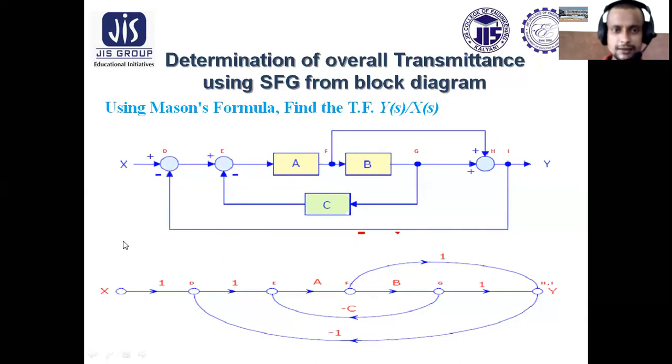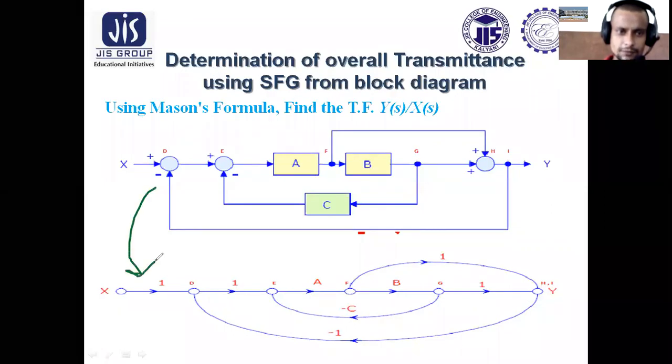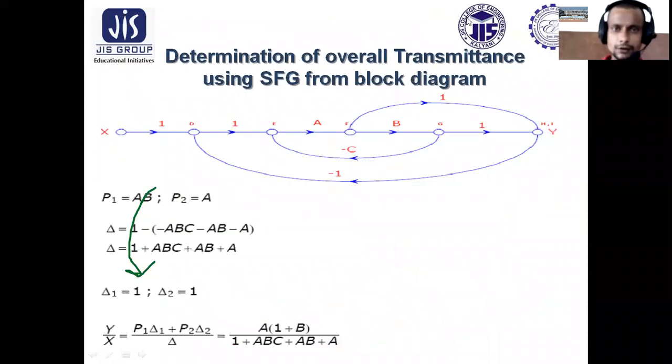Now let us apply Mason's gain formula as asked in the question: apply Mason's gain formula to get the overall transfer function. So first, as we are asked to obtain the overall transfer function using Mason's gain formula, this block diagram is first converted to an SFG. Then we'll apply Mason's gain formula to get that transfer function.